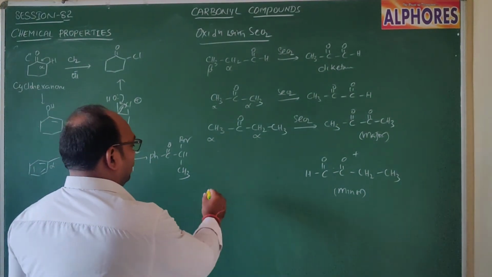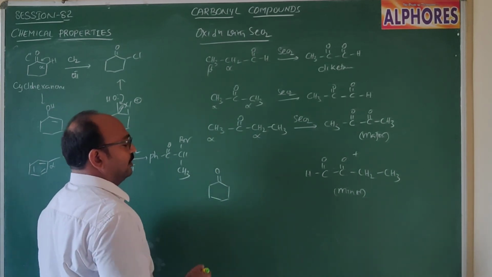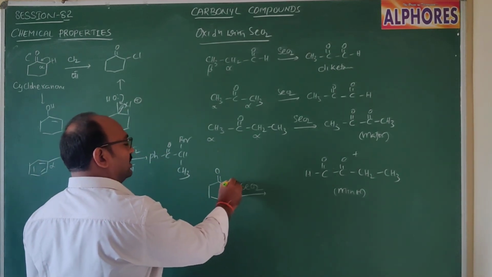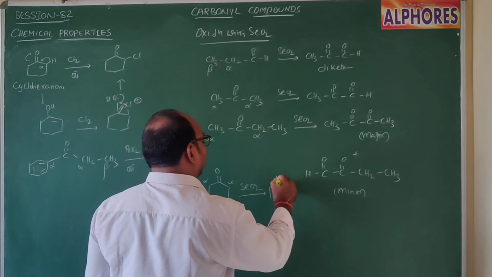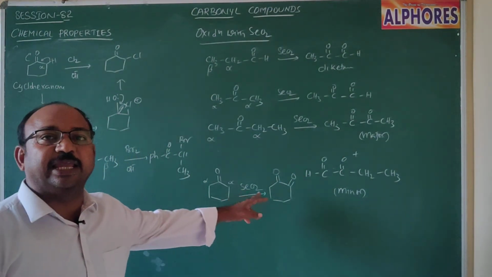Now, if a cyclic ketone is there, cyclohexanone, upon selenium dioxide, with respect to this C double bond O, this carbon is alpha, this carbon is alpha. Either carbon gets oxidized to ketone. So here you get a diketone.